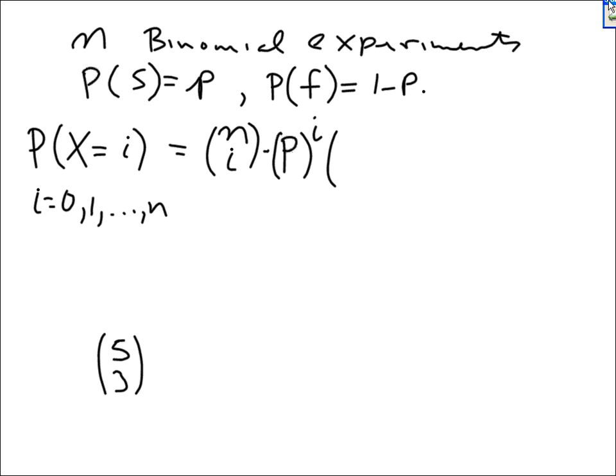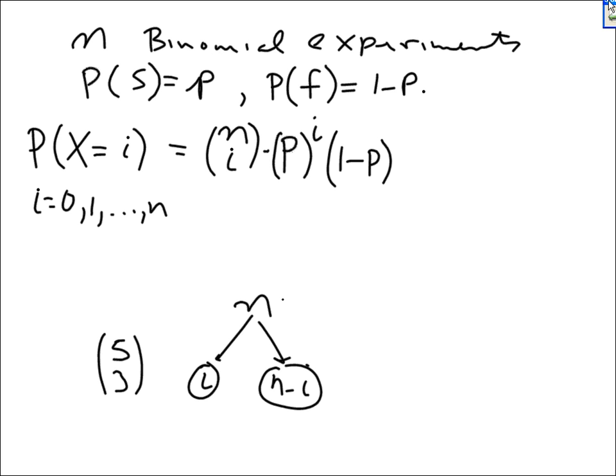Then failure. The probability of failure is 1 minus P. Well, if you do n experiments, and i of them are success, and the rest are failure, it's going to be n minus 1. Sorry, n minus i. Because when you add these up, you get all n experiments. So it's going to be n take away i.